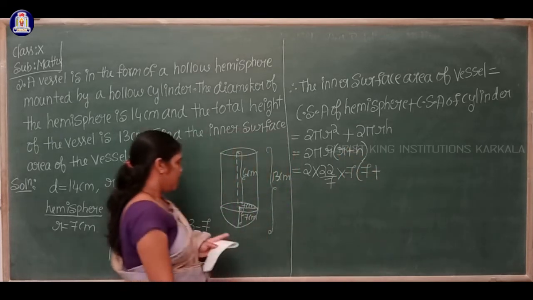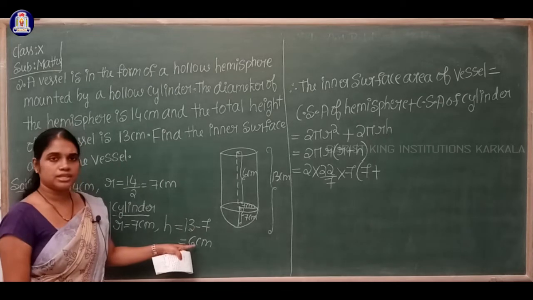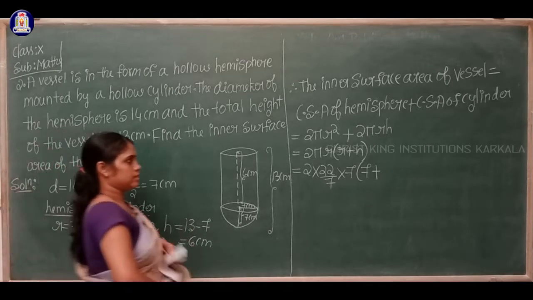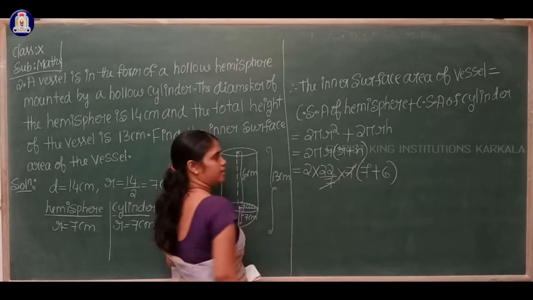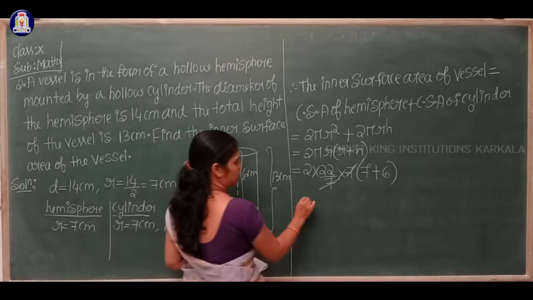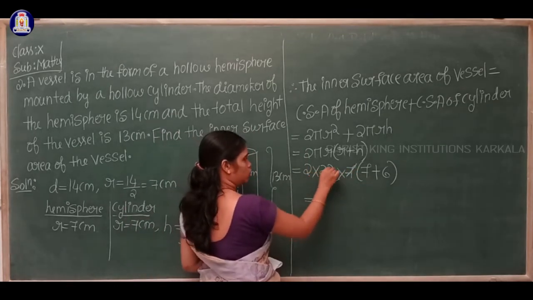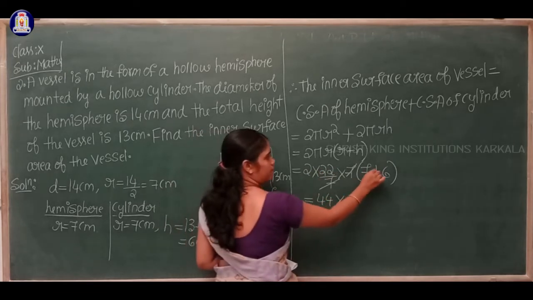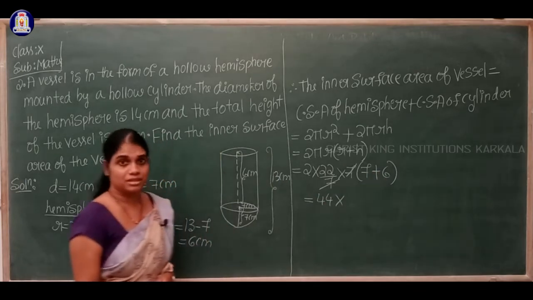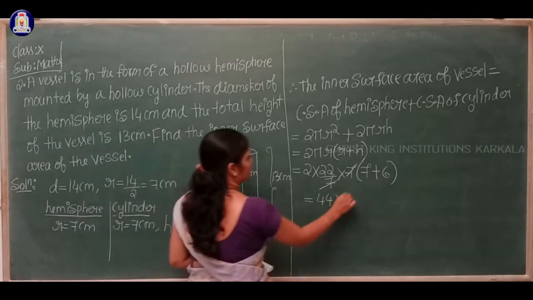7 plus h, where h means the height of the cylinder. How much is it? 6. So, 7 plus 6. Can I cancel this 7 and 7? Yes. This is equal to 2 into 22, equal to 44, into 7 plus 6. 7 plus 6 equals 13.